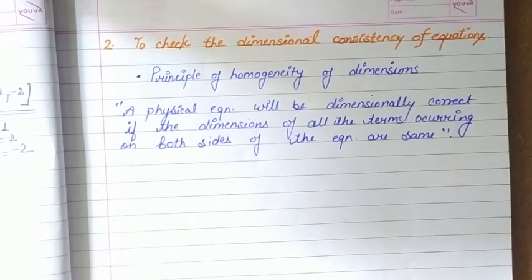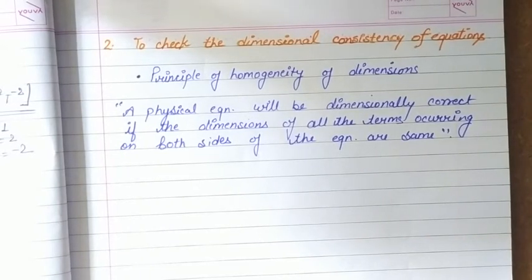First we find the dimensions of the left side, then we find the dimensions of the right side. If both answers are the same, then we conclude that the given equation is dimensionally correct, or if it is not so, then that equation is not correct, its existence is not possible. So this is the application. Now let's see how this works actually.